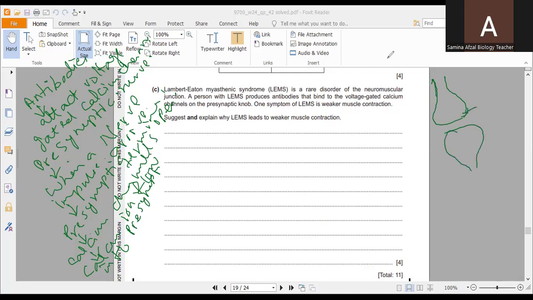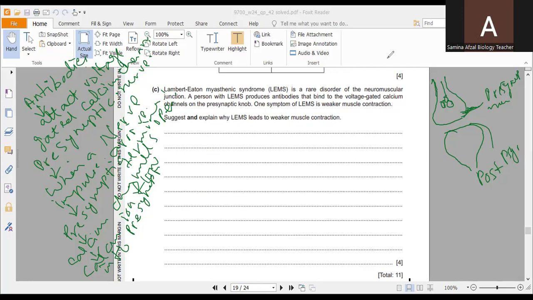So this is the presynaptic terminal, the presynaptic membrane, and this is the postsynaptic. So acetylcholine will move over this presynaptic membrane or presynaptic terminal. It has to move towards the other part, the postsynaptic.